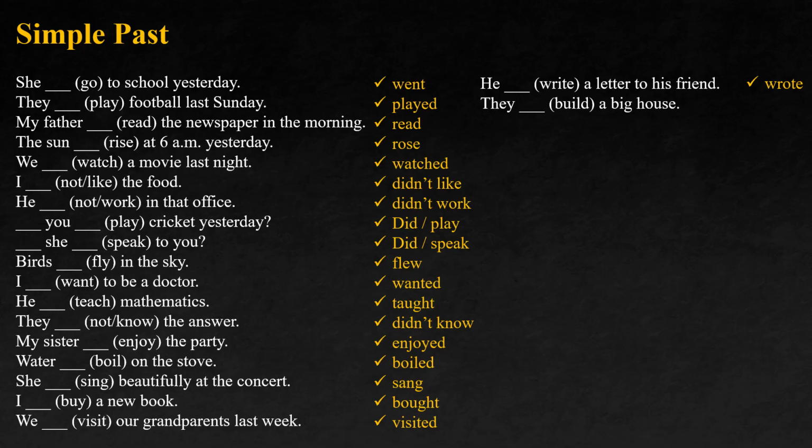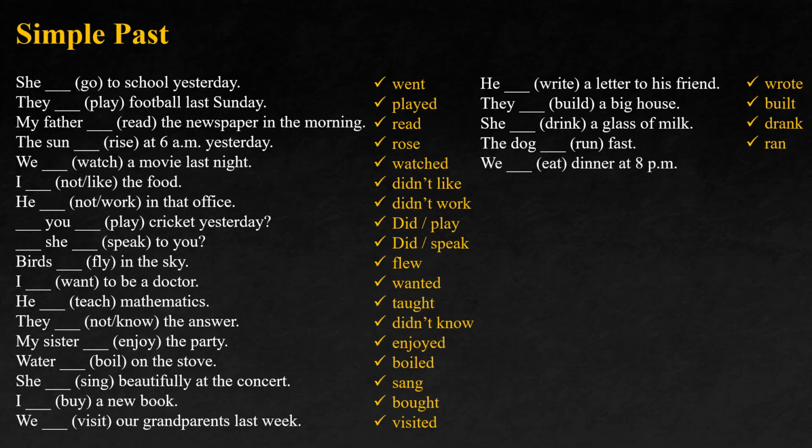Yogesh. They built a big house. Pallavi. She drank a glass of milk. Pratham. The dog ran past. Good. Run. Okay. Yogesh.